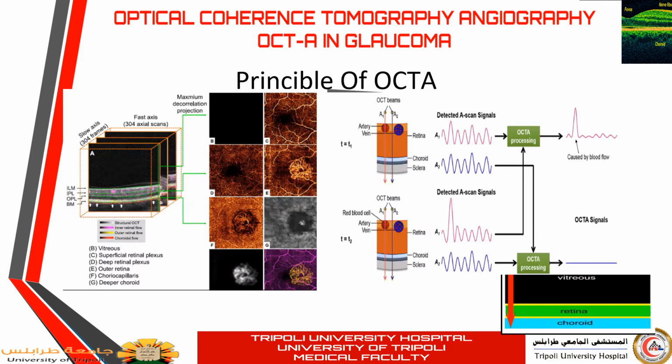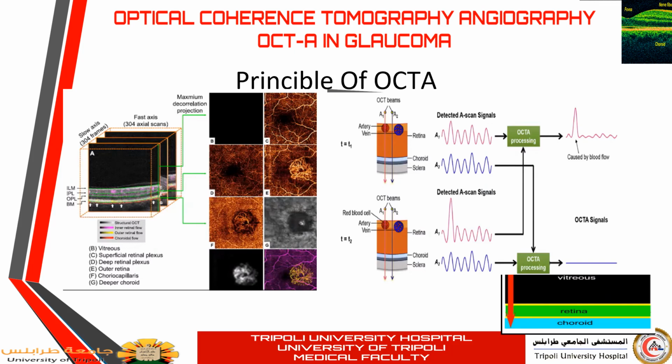Now, the rays passing through the exploring arm, when they pass to the eye, then get reflected back. Both the rays from the eye and from the reference mirror will pass through a detector that recognizes the difference between these two rays.